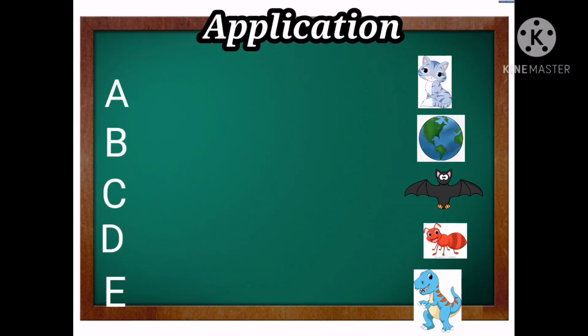Learners, to test your skills, what are you going to do? First, you have to match each letter of the alphabet with the picture that begins with that letter. So, learners, what is your answer?